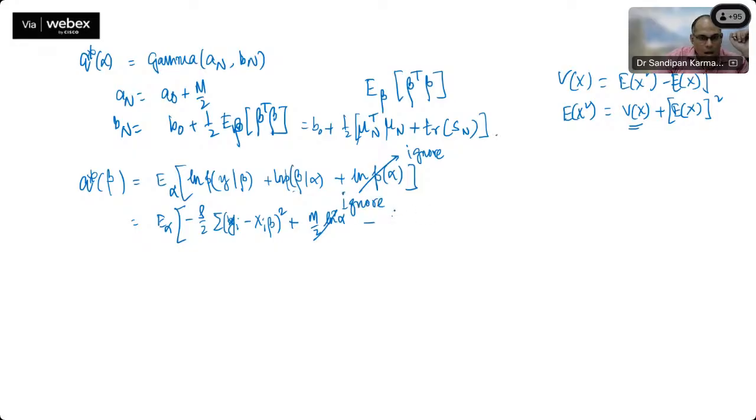Minus alpha by 2, then the beta transpose beta from the last one. So now we are coming to this particular step.